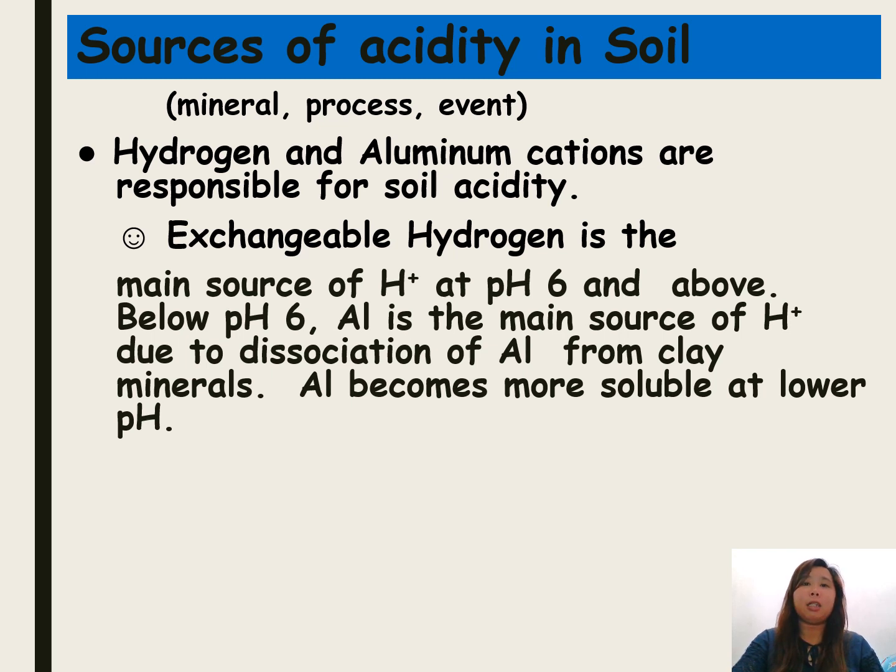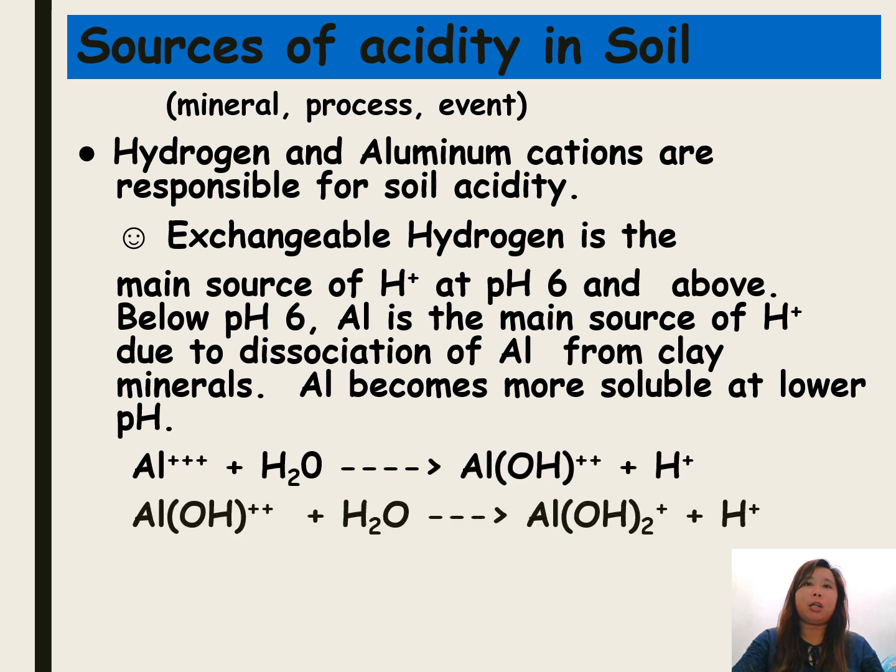Below pH 6, aluminum is the main source of hydrogen ions due to the dissociation of aluminum from clay minerals. Aluminum becomes more soluble at lower pH. This happens via this reaction. When aluminum is hydrolyzed, it releases additional hydrogen ions in the soil, making it more acidic.